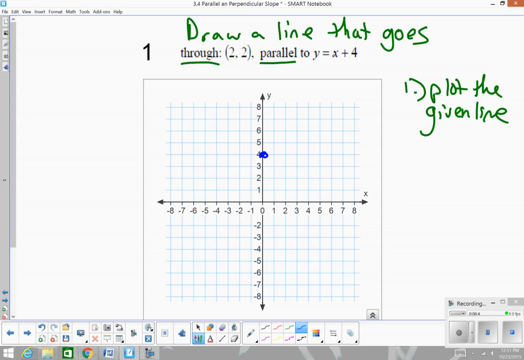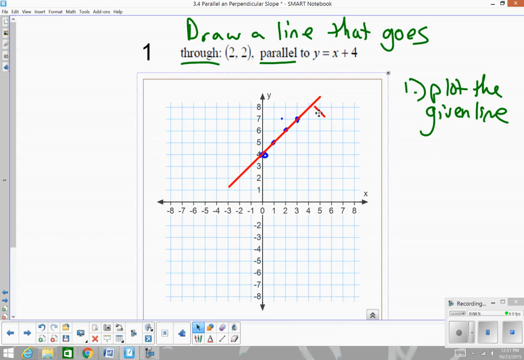Okay, my slope is 1, so it's up 1 over 1, up 1 over 1, up 1 over 1. So my line would look something like that. Okay, good. So that's my line.